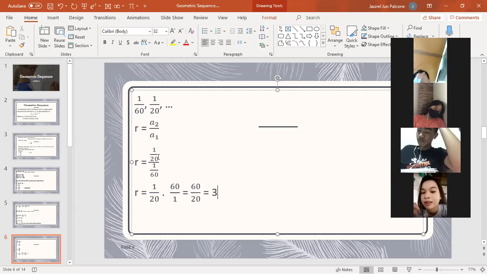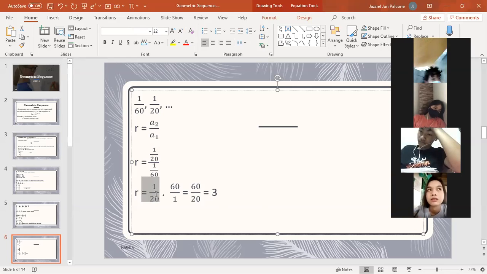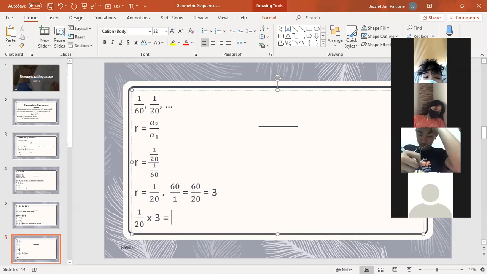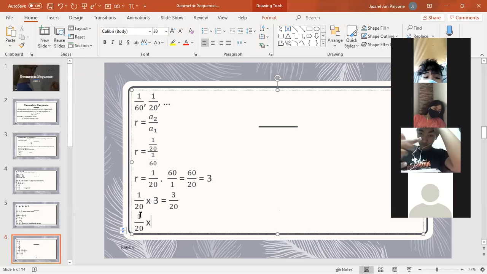So we have here, copy ko muna to ha. Okay. So 1 over 20 times 3. So that is 1 times 3 is 3 over 20. Tama? And then after nun, another one ka na naman. 3 over 20 times 3.